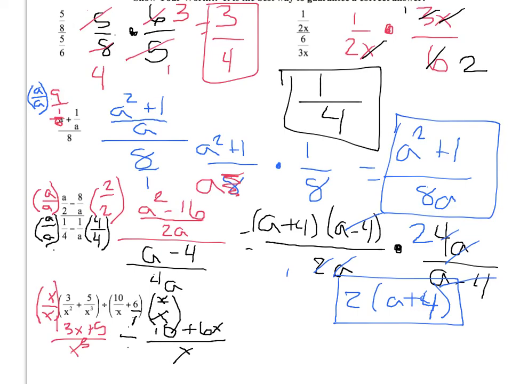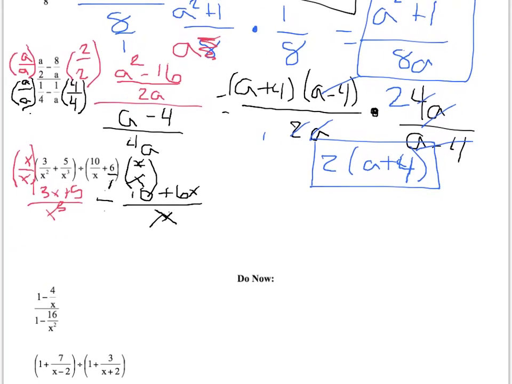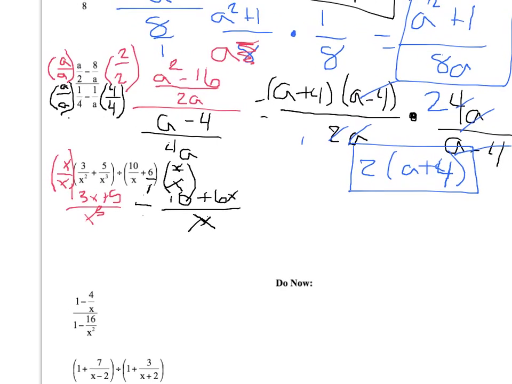Now this is a division problem like yesterday, so I'm going to do a keep, change, flip. I will have 3x plus 5 over x cubed times, flip this one, x over, and I do have a GCF there.